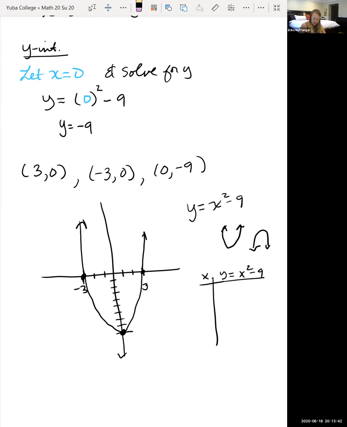So for instance, if I plugged in 1 for x, I would get y equals 1 squared minus 9. Well, 1 squared is 1, and 1 minus 9 is negative 8. So I know at 1, I have a point at negative 8.